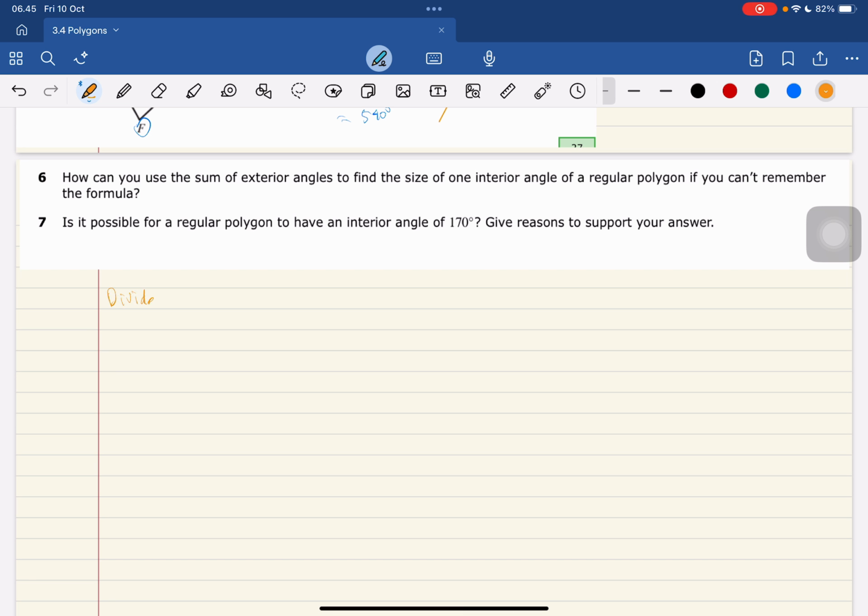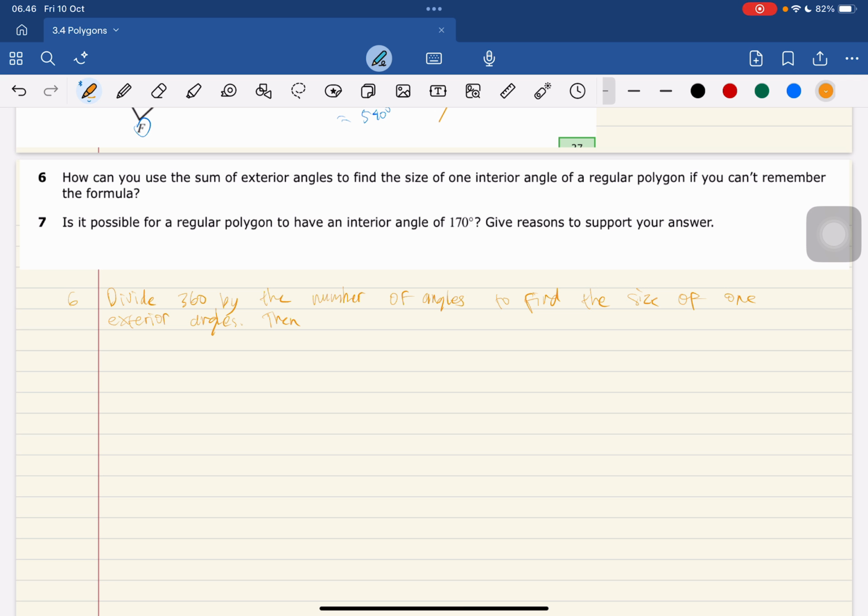We divide 360 by the number of angles to find the size of one exterior angle. Because remember, you don't have to remember the proof, but you must remember that the sum of exterior angles of any convex polygon is 360 degrees.